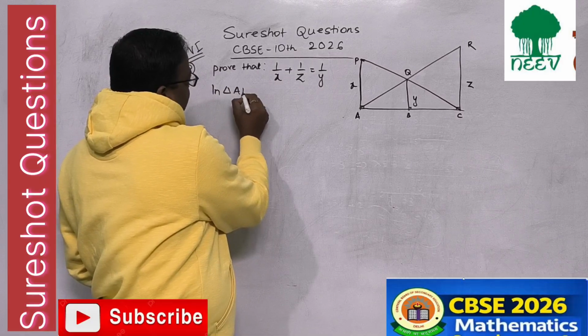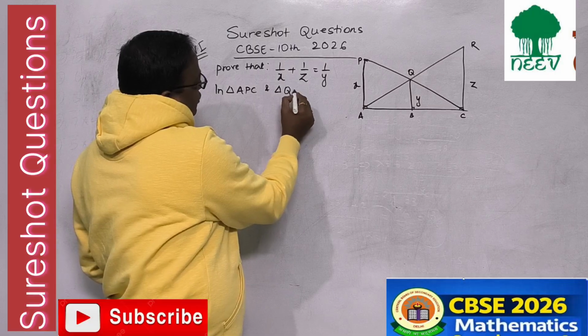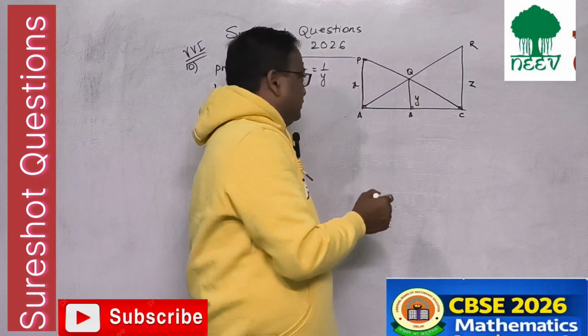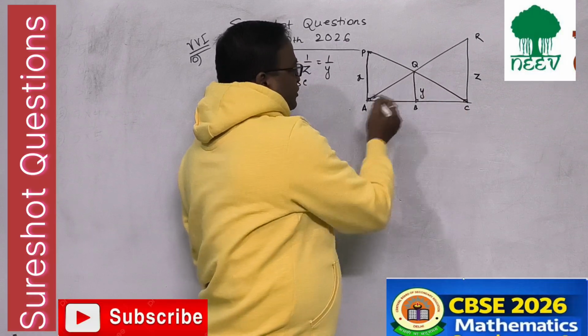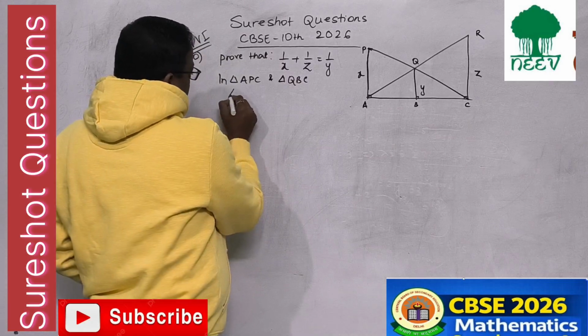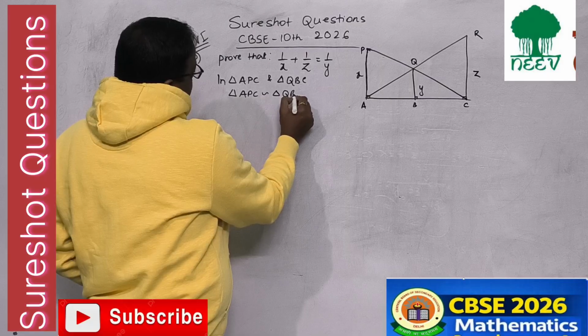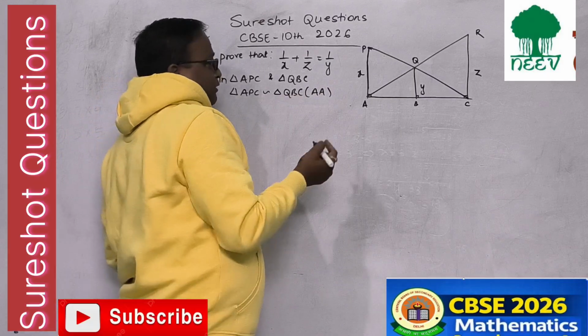Okay, so what we will do is, in triangle APC and triangle QBC, first we need to make sure that they are similar. This angle is equal to this angle and this angle is common. So with AA, these triangles are similar. So we write triangle APC is similar to triangle QBC using AA.